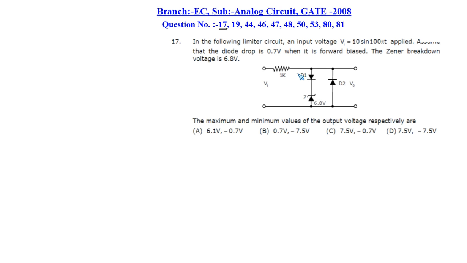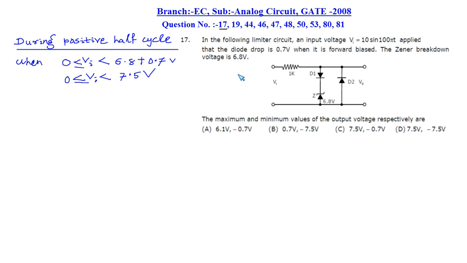So we will analyze the output voltage by taking the positive half cycle of the input voltage as well as the negative half cycle. Now during the positive half cycle, the input voltage is varied from 0 to 6.8 plus 0.7 volt. Why 6.8 plus 0.7 volt?